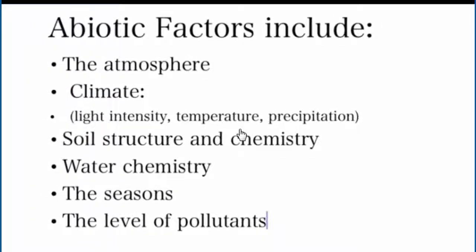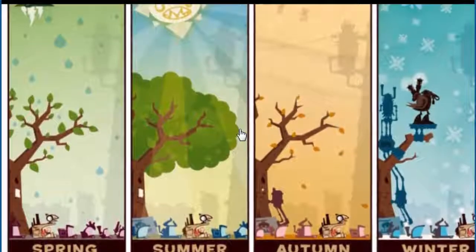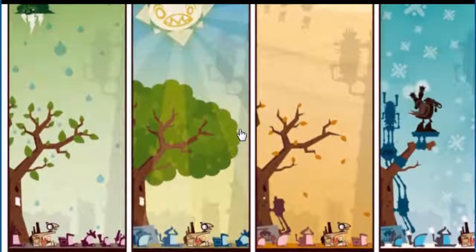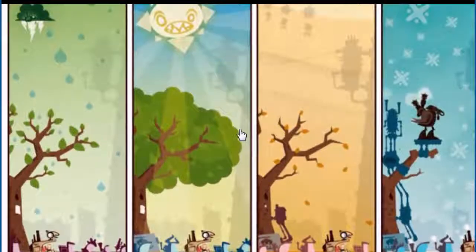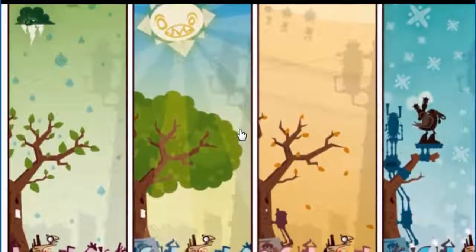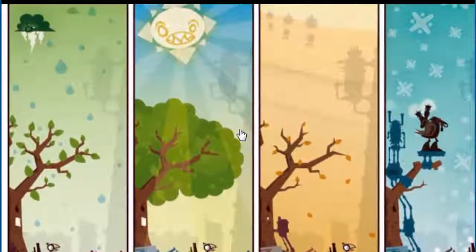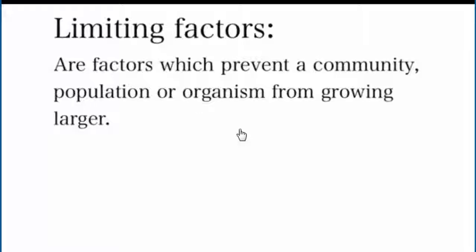It includes the atmosphere and the chemical makeup of the atmosphere. It includes how bright the sun's shining. It includes if it's spring or summer or autumn or winter, and do all those things exist in that place. These things define what an ecosystem is, especially when they combine and interact with biotic elements. You put them all together and that makes a specific place.